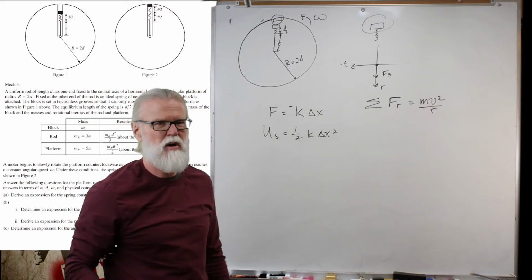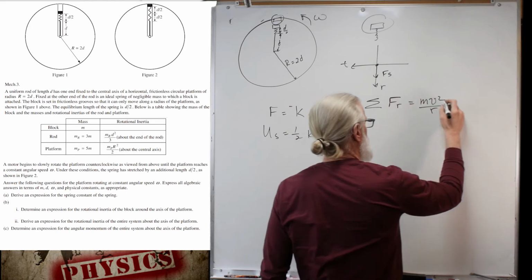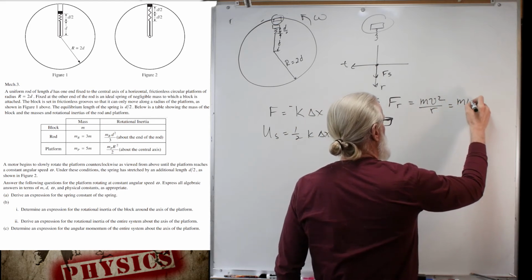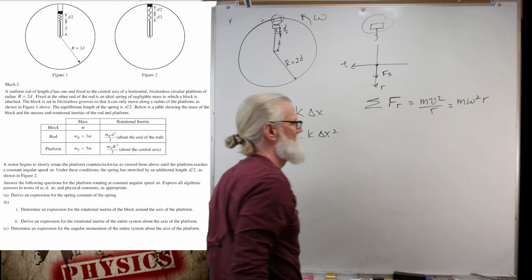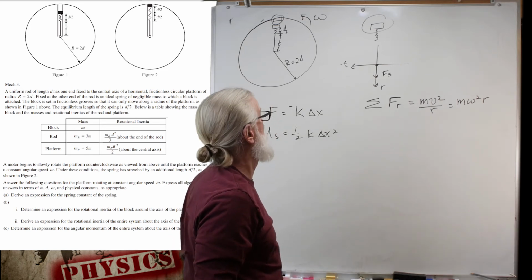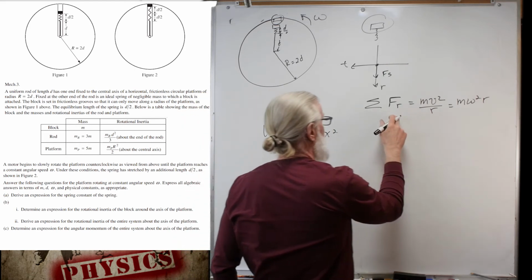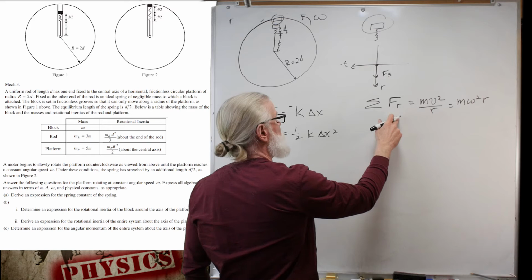This is in circular motion. This is a radial acceleration due to a radial force, or m omega squared r. We're going to use that one because that's what we know: omega, and no v. So let's do that. So we have the spring force.